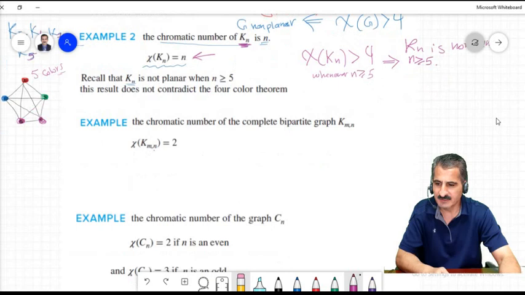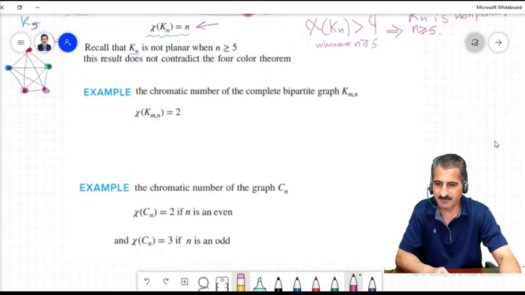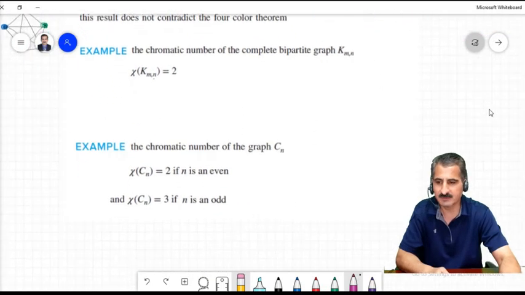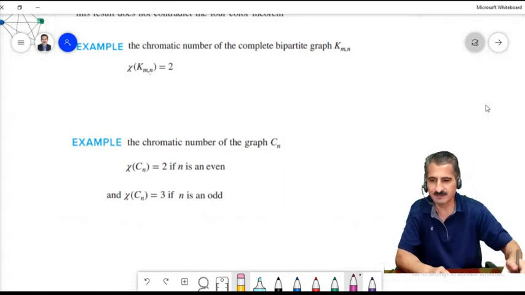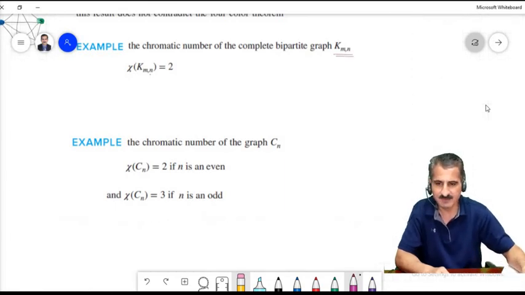Okay, what is the chromatic number of Kmn? What do we mean by Kmn? This graph means we have m vertices in here and n vertices in here.